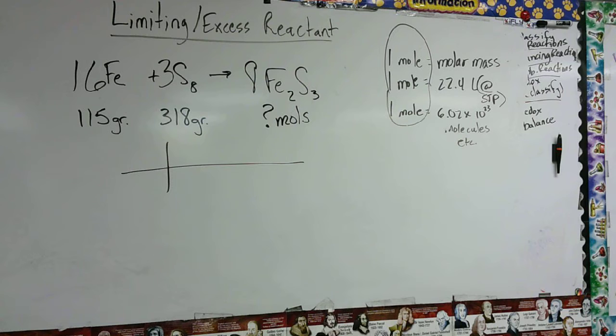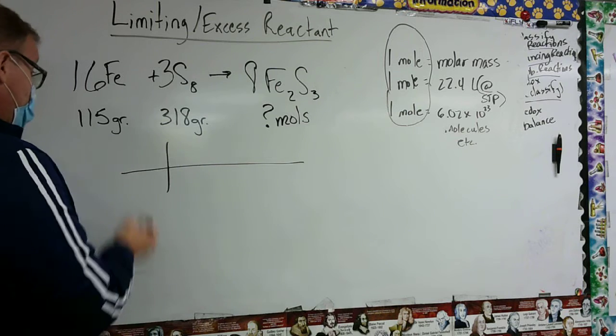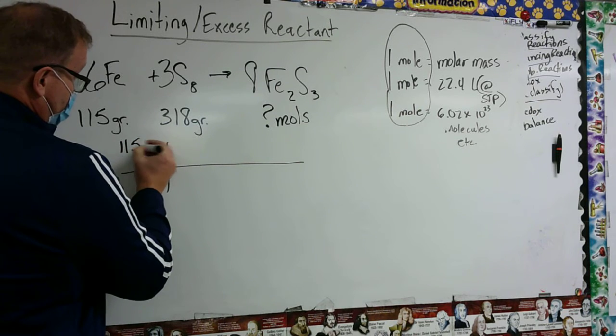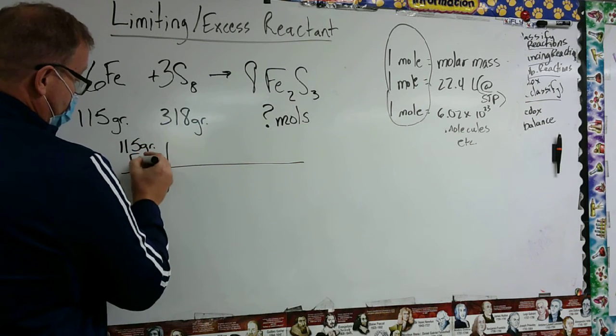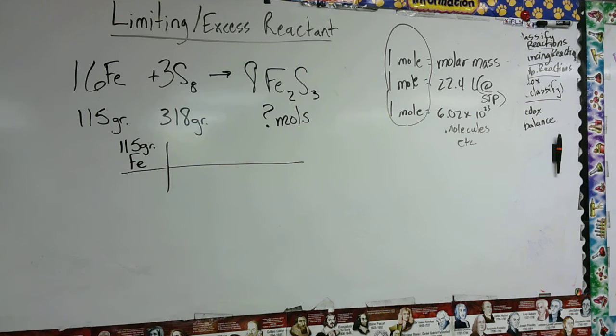The one thing you'll notice is you will have two givens, which means you have to do 2 stoichiometry setups or conversions. So we got 115 grams of Fe. You guys remember how we cancel out the grams Fe?